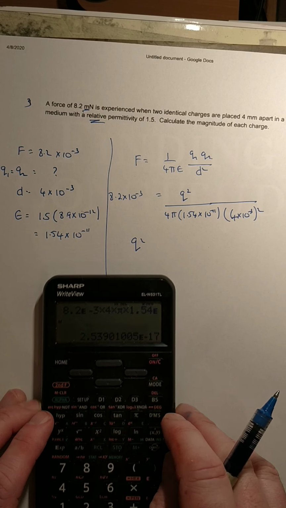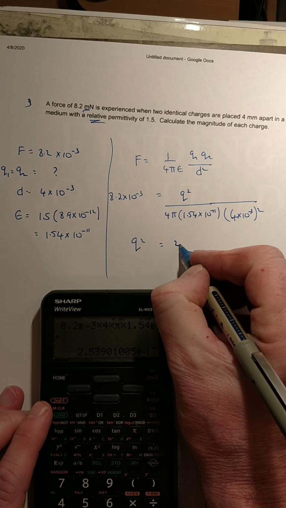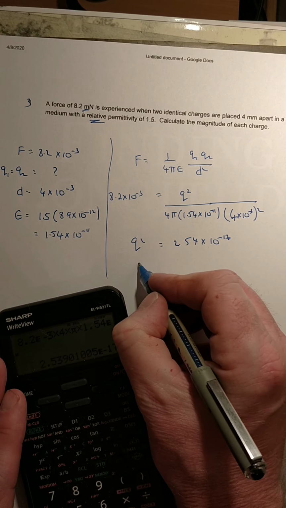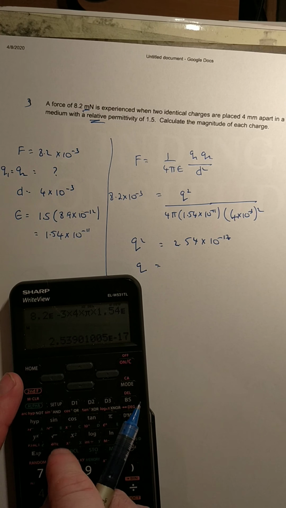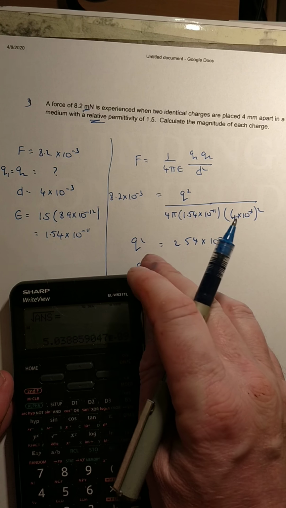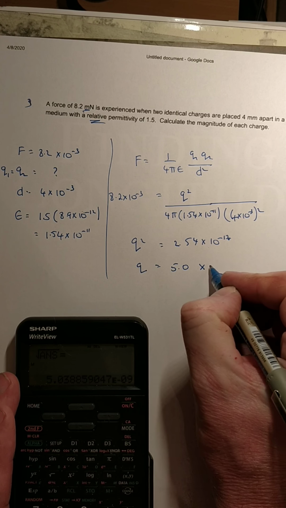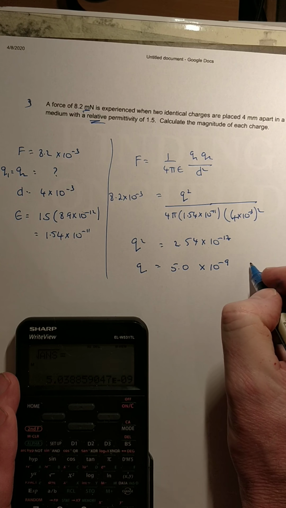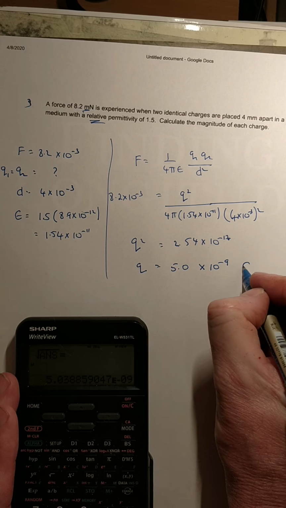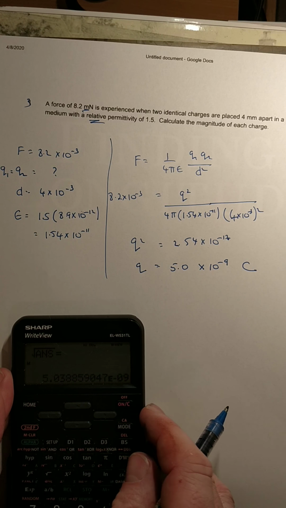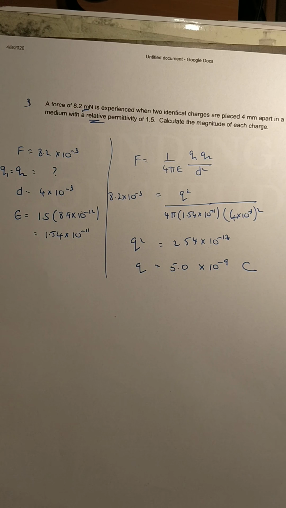And we end up with this value, 2.53 by 10 to the minus 17. I'll just go directly from there and get the square root of that. Okay, and we get a value of 5.03, so since we're kind of going to one decimal, we'll leave it at 5.0 by 10 to the minus 9, and the unit for charge is the Coulomb. Okay, and that is that. Very good.